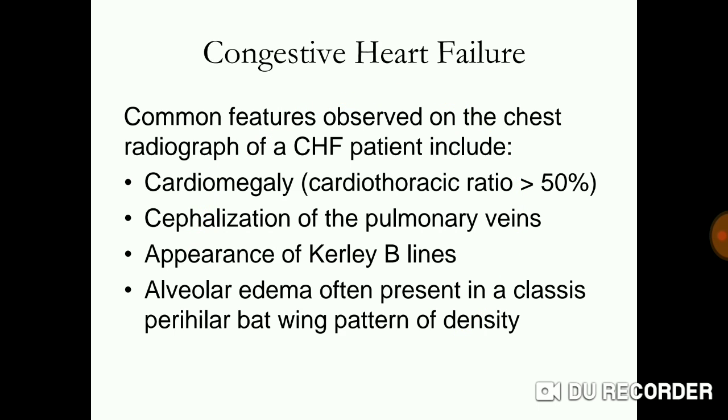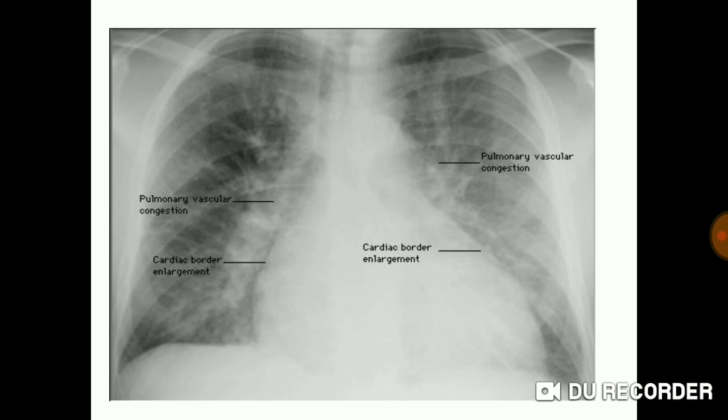Next is congestive heart failure. Common features observed on the chest radiograph of a congestive heart failure patient include cardiomegaly, cardiothoracic ratio more than 50%, cephalization of the pulmonary veins, appearance of Kerley B lines, alveolar edema often present in a classic perihilar bat wing pattern of density.